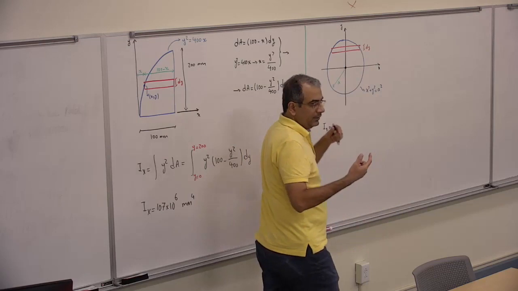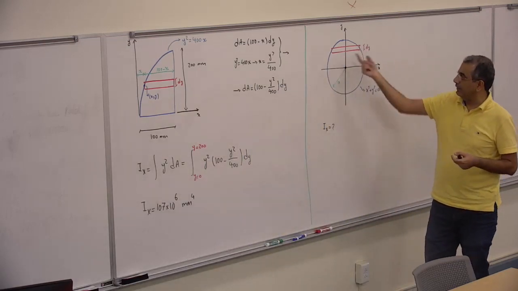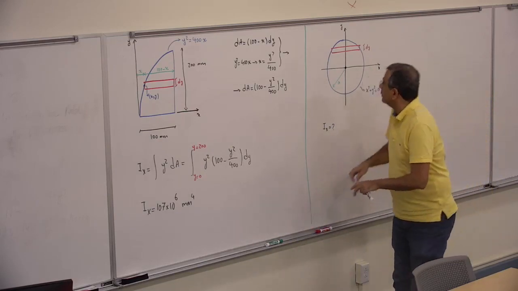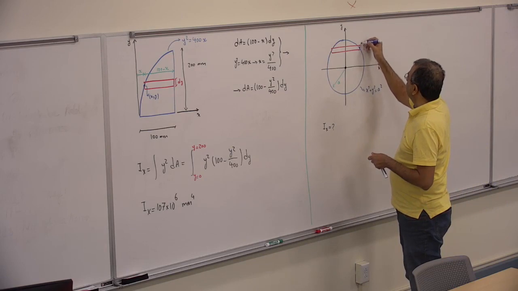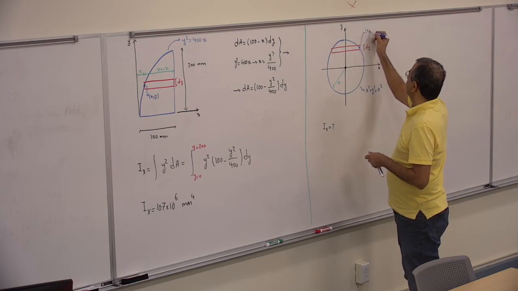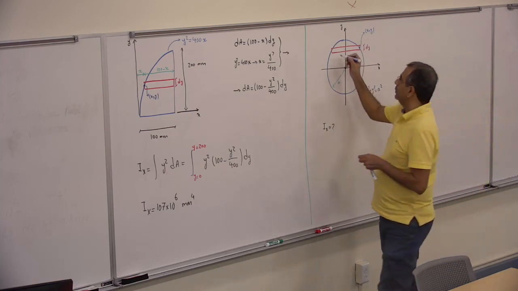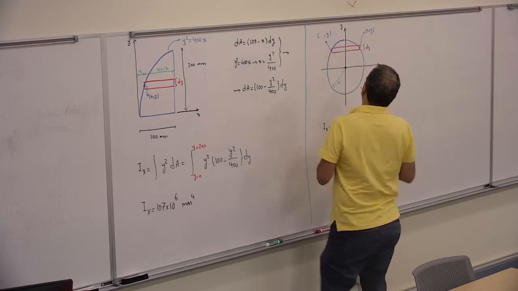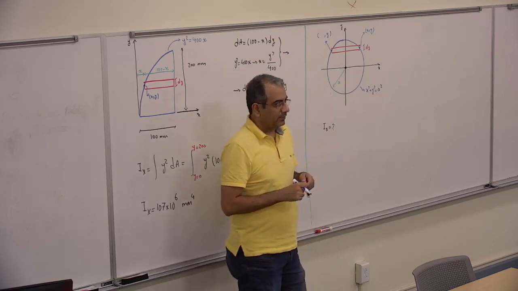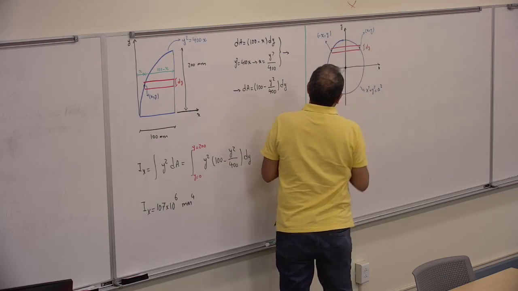To get dA, I need the length of the element. I have the height of that, I need the length. What's the coordinate of this point? X and y. What's the coordinate of this point? Negative x and y.